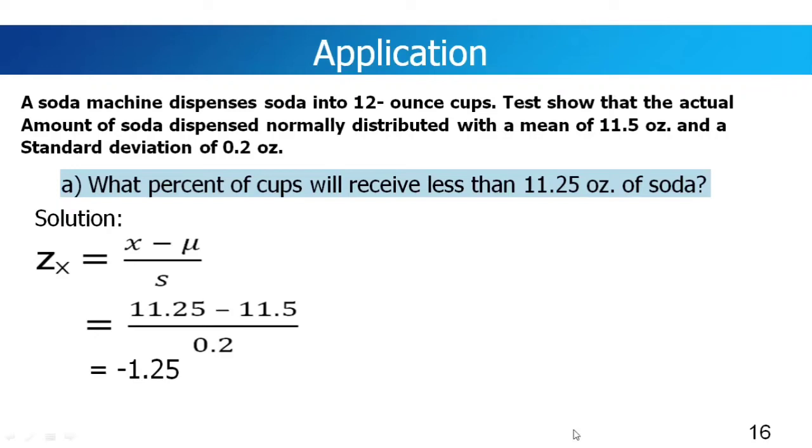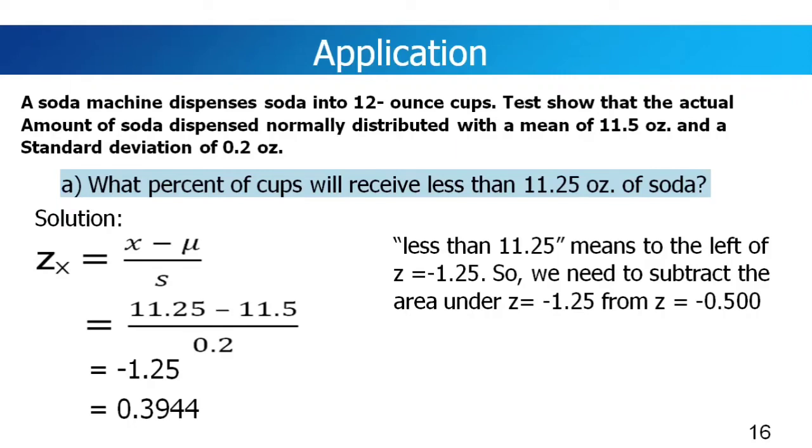Now, if we're going to use the table to find the area of Z is equal to negative 1.25, that is equal to 0.3944. Less than 11.25 means to the left of Z is equal to negative 1.25. So, we need to subtract the area under Z is equal to negative 1.25 from 0.5.